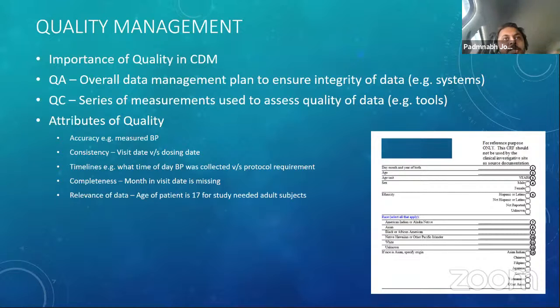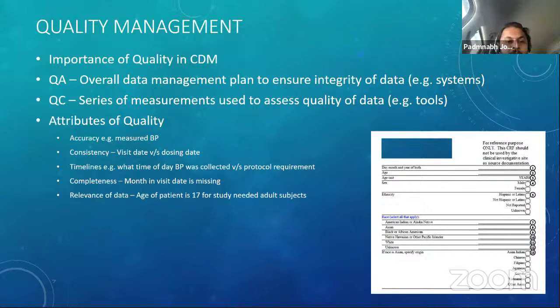If the protocol says that you need to collect fasting blood sugar, then you need to collect fasting blood sugar. You cannot ask the subject to eat and come and then collect the blood sample for a PP requirement. So timelines are important. At what frequency, whether it is pre-dose or post-dose, data collection of specific tests or samples is important.